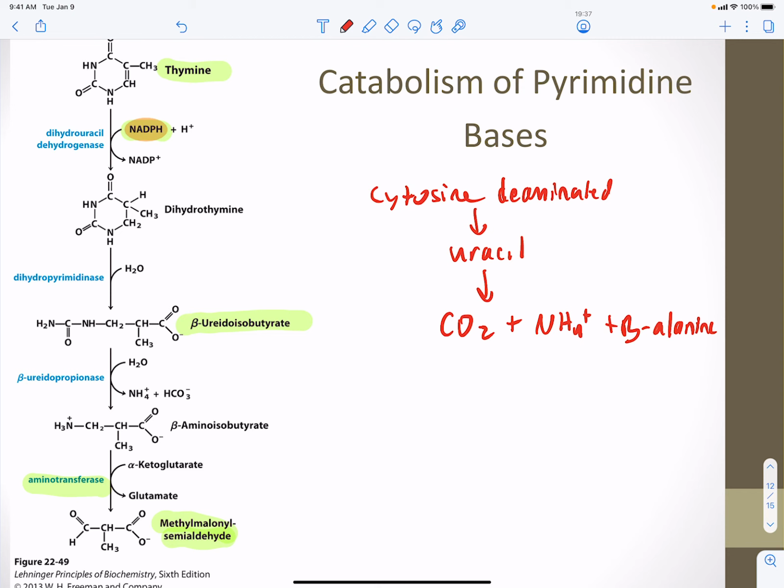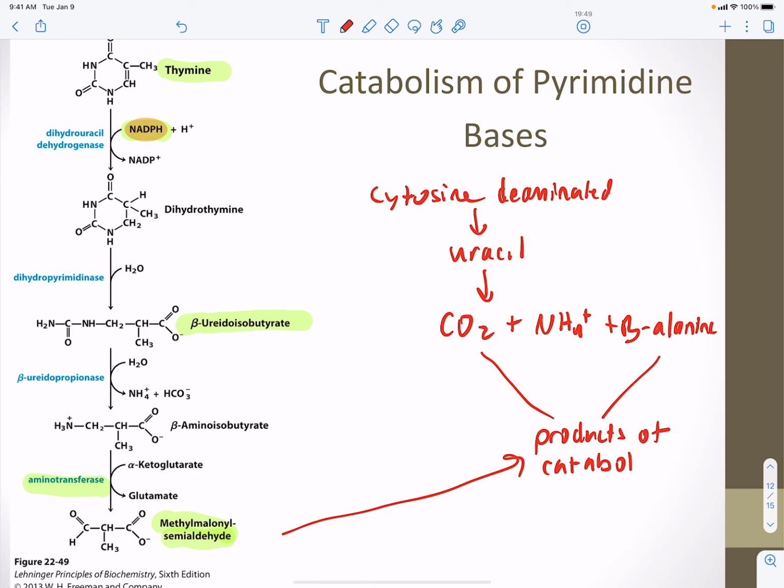All these products being formed are going to be excreted or reused.